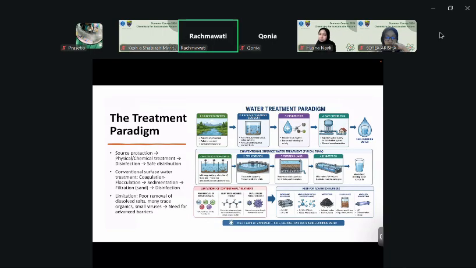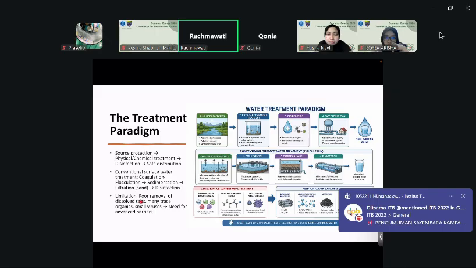Of course, there is also a limitation in this, such as poor removal of dissolved salts. Why? Because you can imagine that the size of the salt is very small compared to, let's say, the coagulated particles here that even our eyes can see. But the dissolved salts are very small.